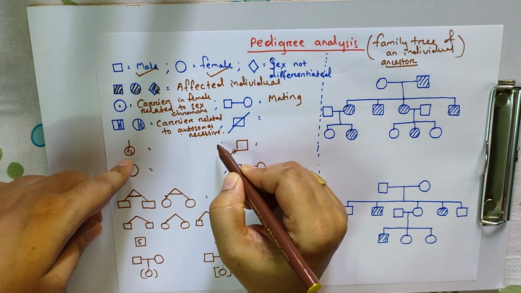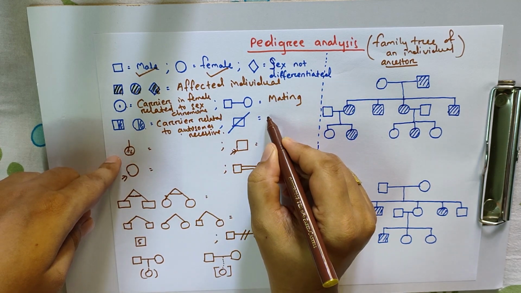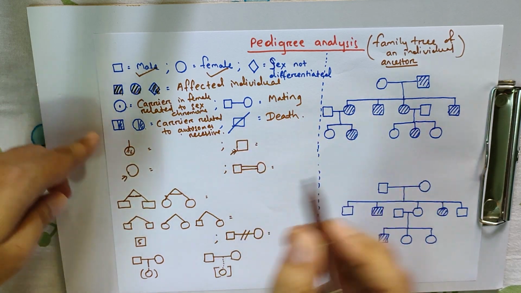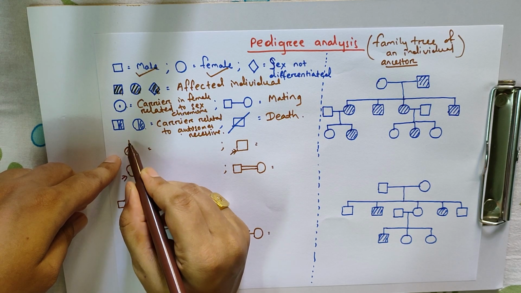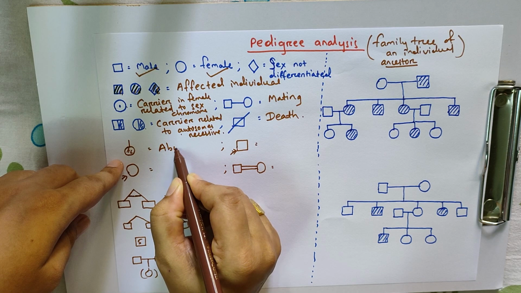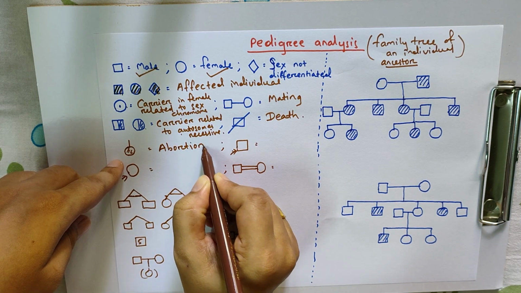This box with a line across it represents death of the male. And this type of structure determines abortion, an aborted child.